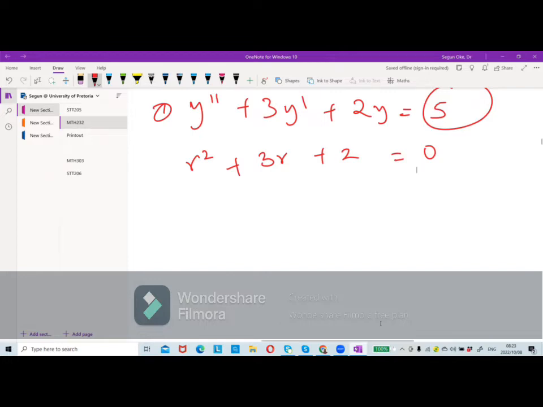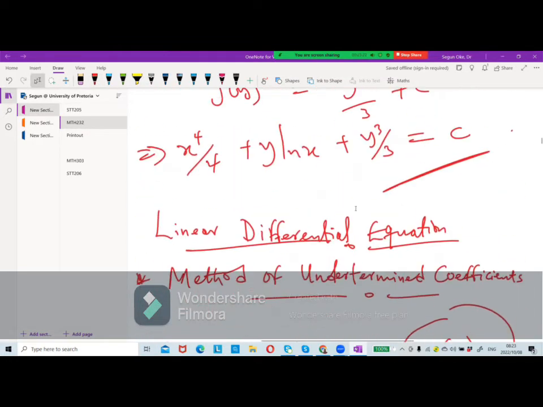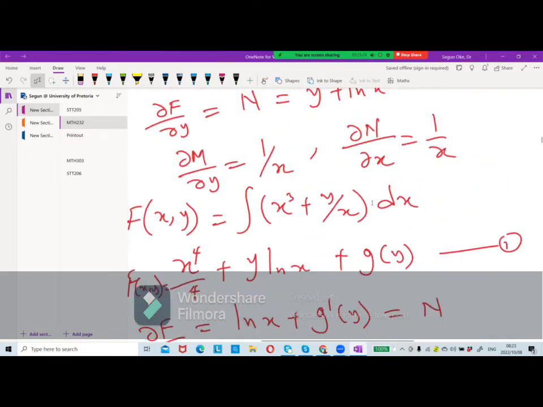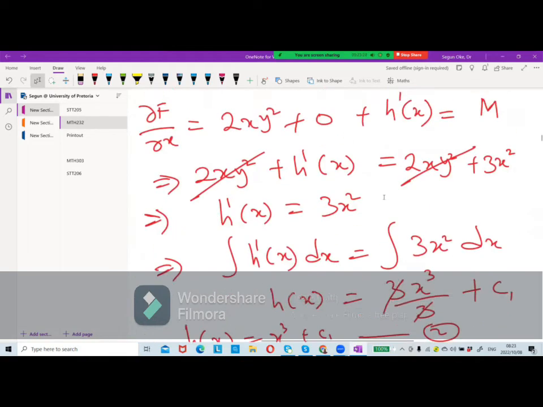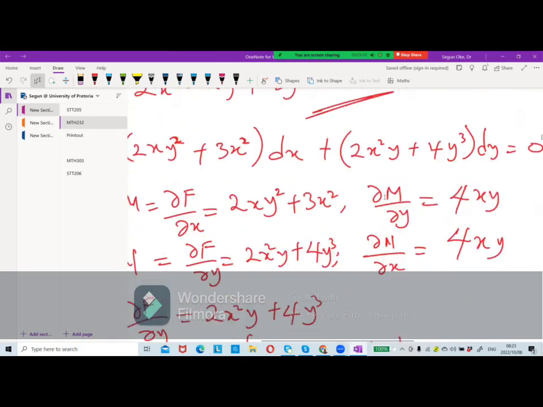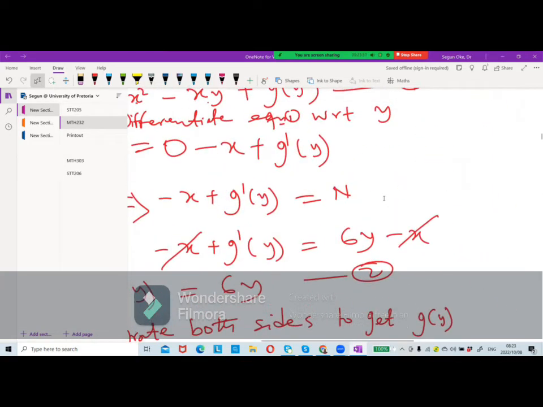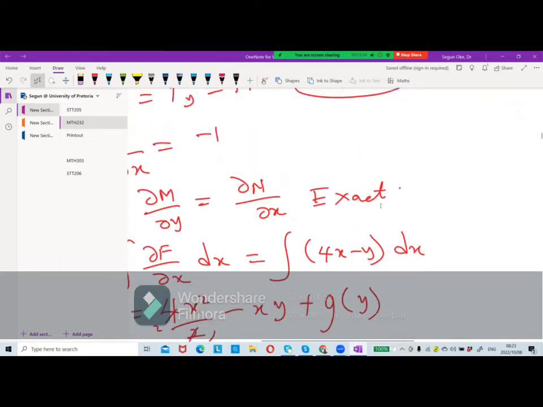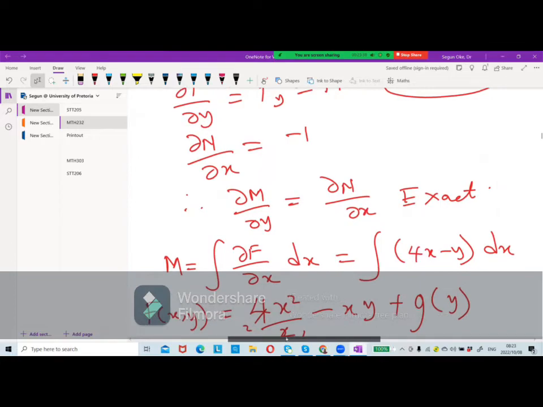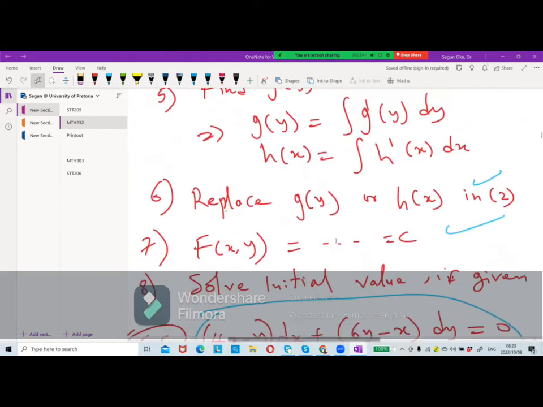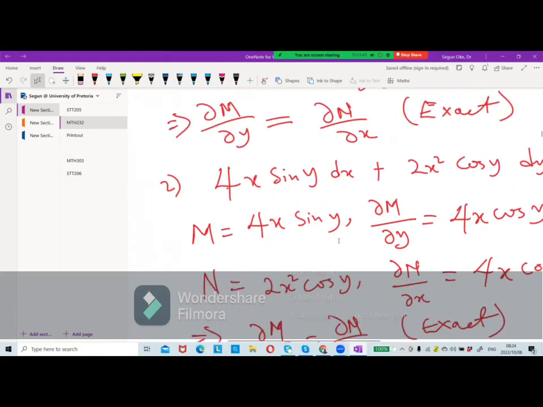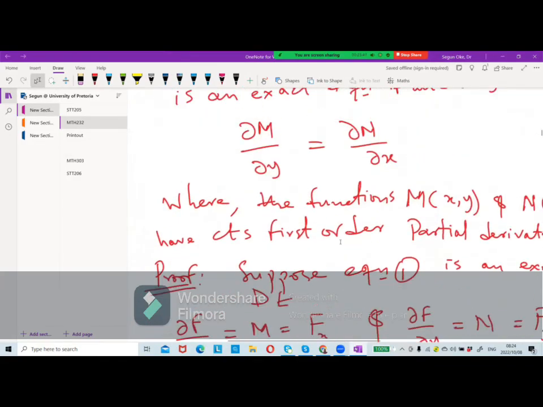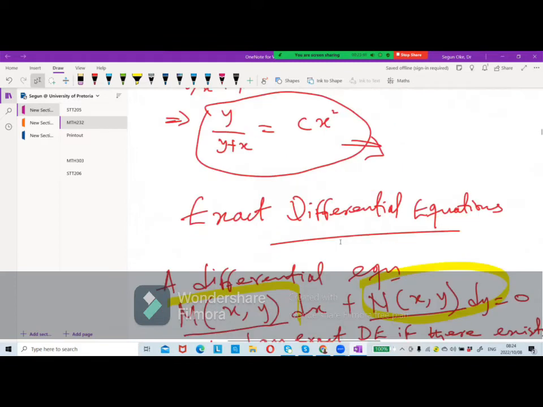Let me just quickly branch it so that you will understand where we are coming from. They are there on your video, and all you need to do is take your time, watch the video, make your notes out of the video, so you can also be part of what we are doing. So initially we talk about integrating factor.